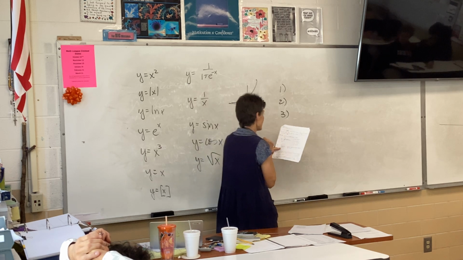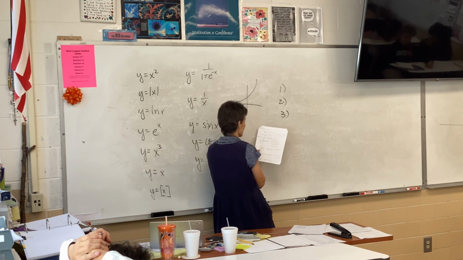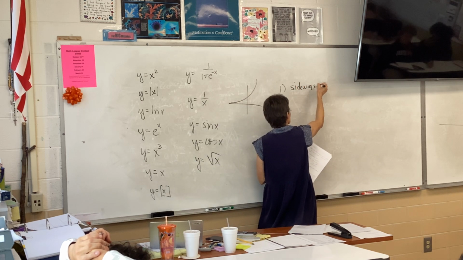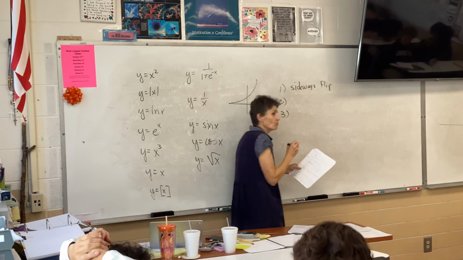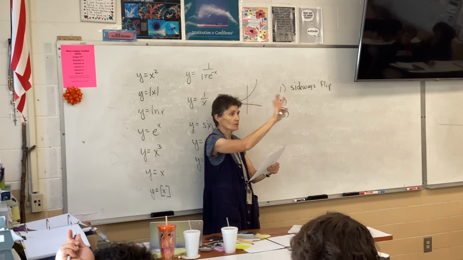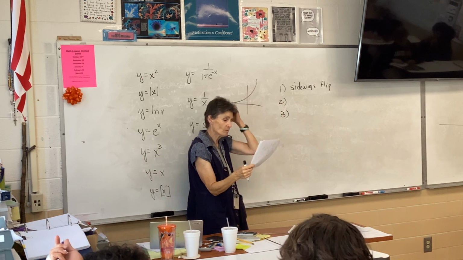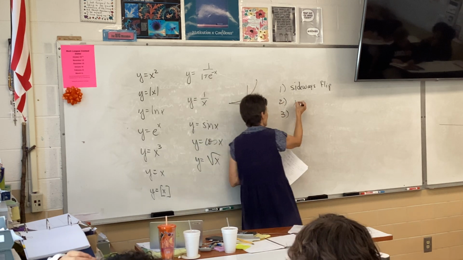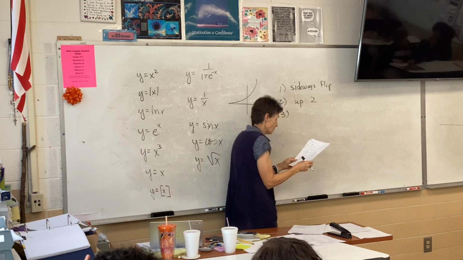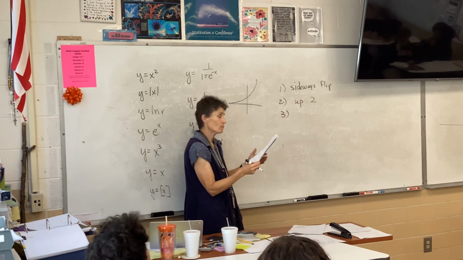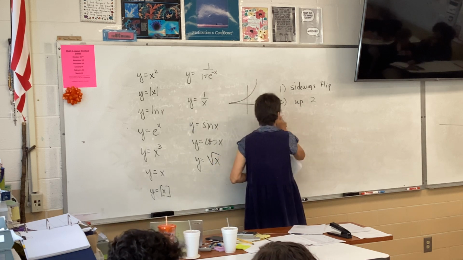What are some of the things that you think have changed? Sideways flip, up 2. All right, wait. Calm down. We got a sideways flip. Would everyone agree with that? That the picture has gone this way? All right, what else? Up 2. He says we've lifted it up 2. And really, is that it? Yeah. Okay.